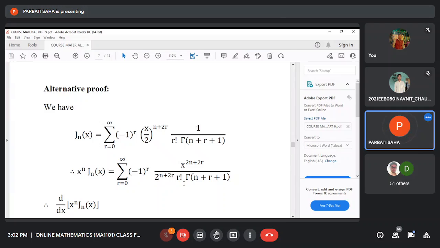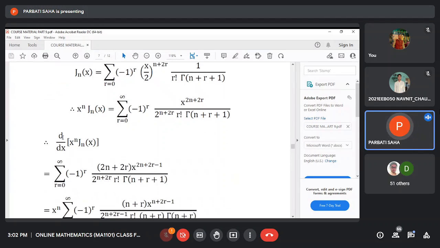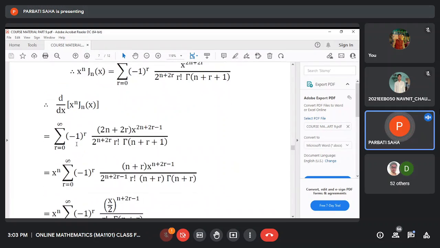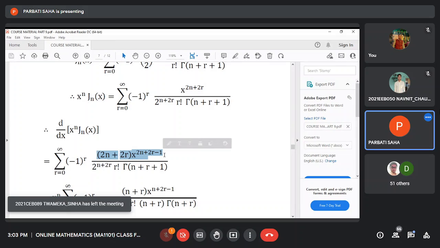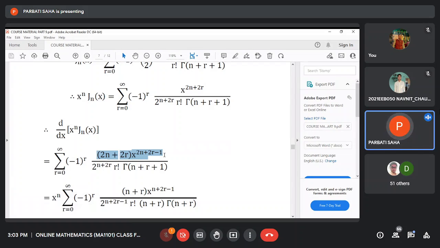Then you have to differentiate with respect to x like this. Just differentiate with respect to x. Then x to the power 2n plus 2r should be differentiated. This will be the derivative, no doubt about it: 2n plus 2r times x to the power 2n plus 2r minus 1. It is very, very easy to differentiate with respect to x.